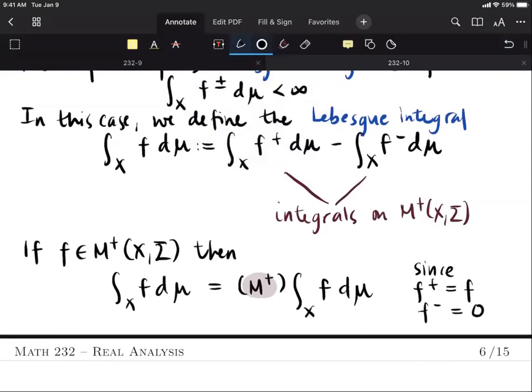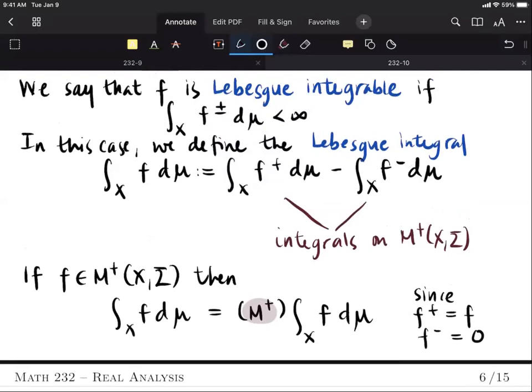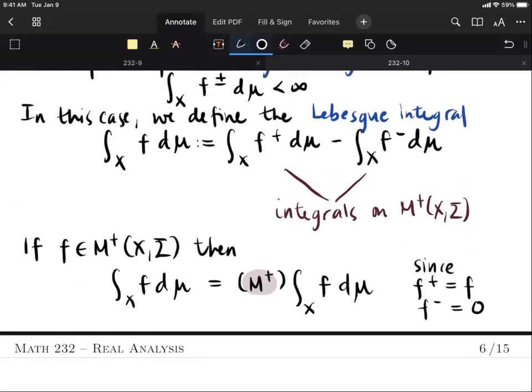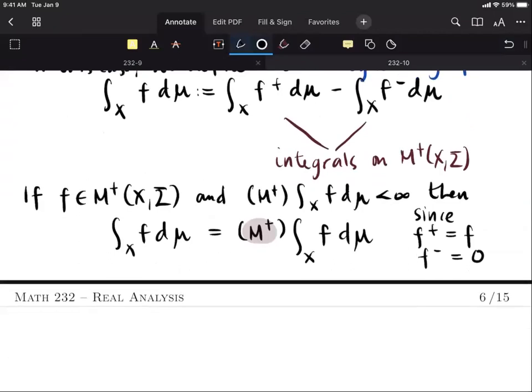So again, we have consistency of the Lebesgue integral for integrable functions and for non-negative measurable functions. Of course, here we need to add the condition that the right-hand side is finite, in order for both sides to be finite.